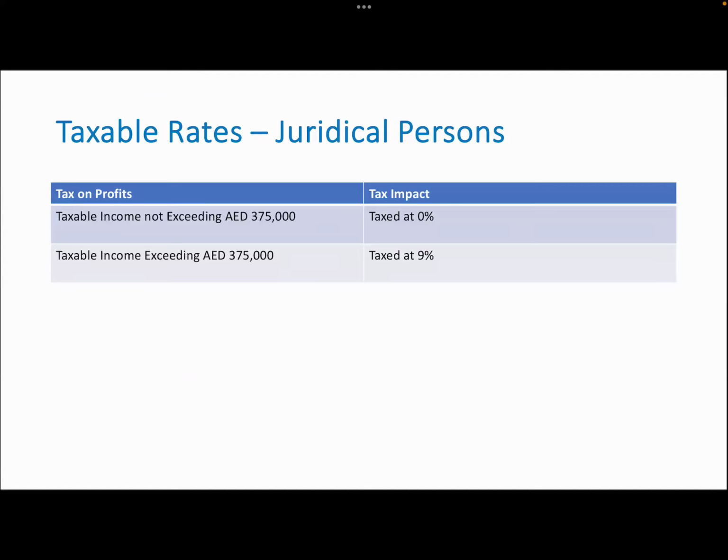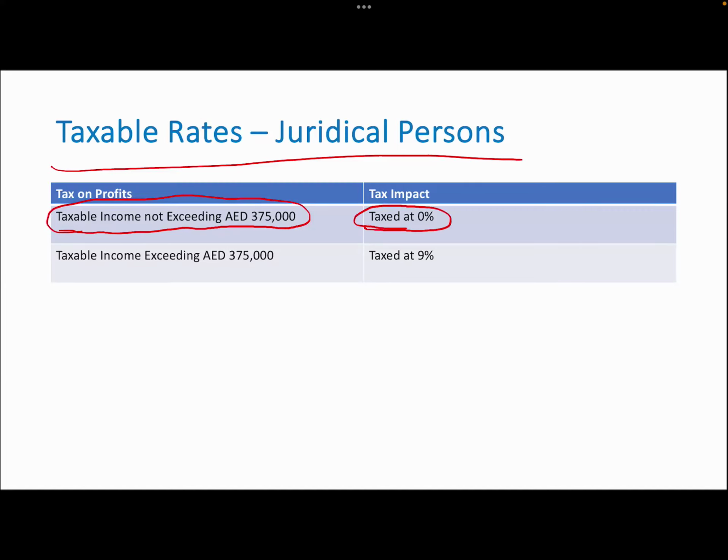Now, as you are all aware, the tax rates for juridical persons. Currently, taxable income not exceeding 375,000 dirhams is taxed at 0%. Always remember, taxed at 0%. There is often a misconception that people say up to 375,000 is exempted.